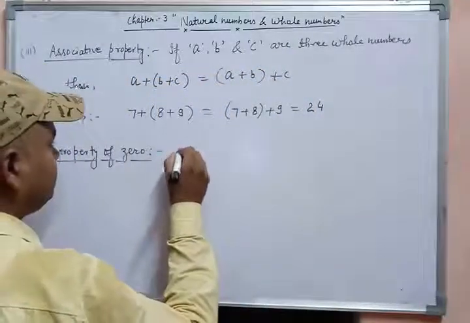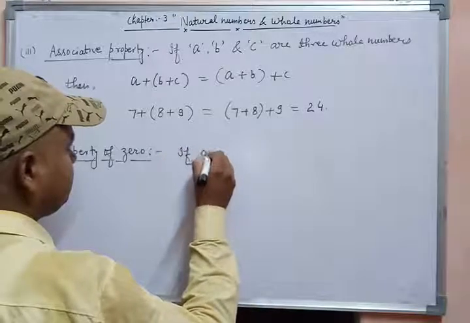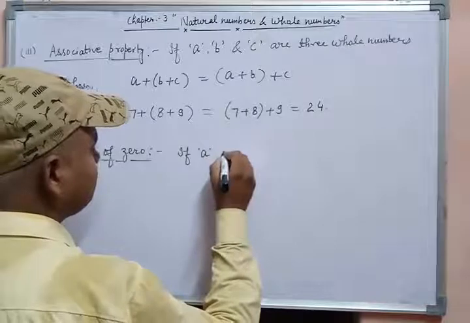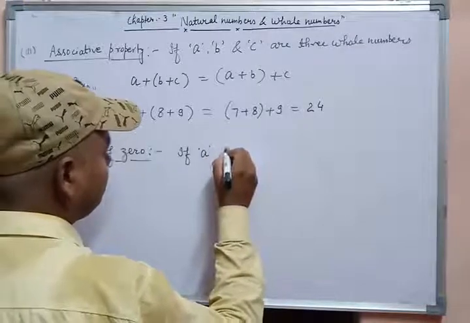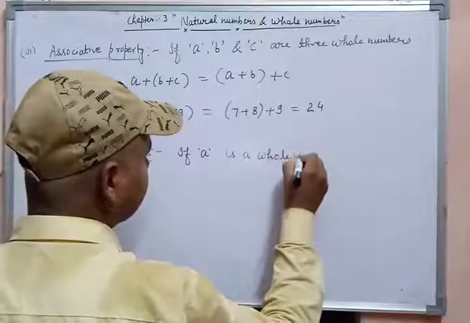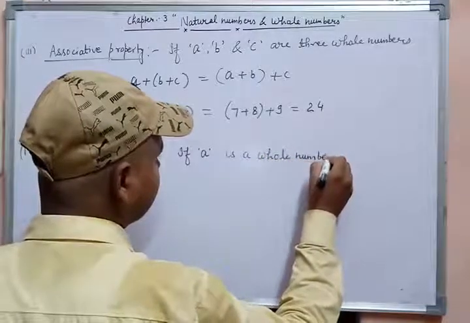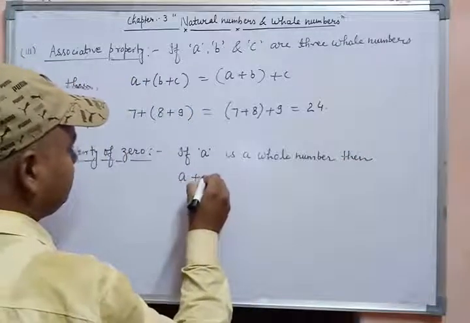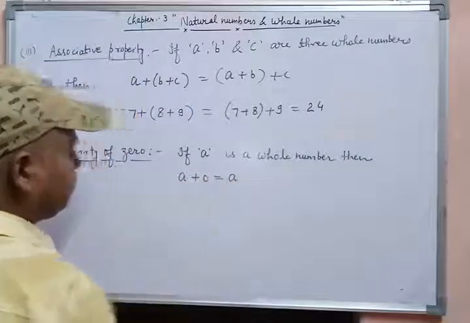If a is a whole number, then a plus 0 is equal to a. Okay.